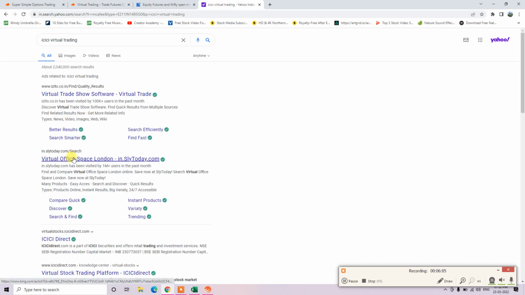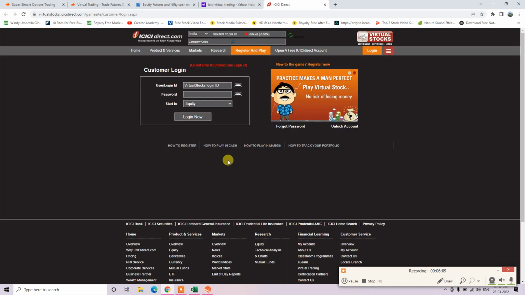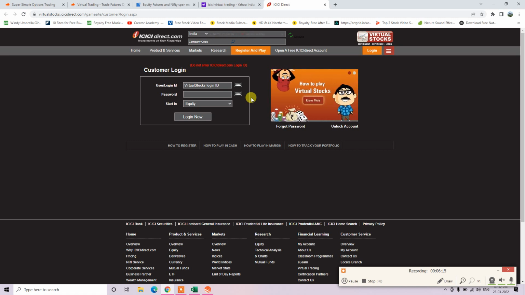In ICICI virtual trading, you can open virtual trading with ICICI Direct. You can create your own account and you can play around with equity and futures and options as well. It works on a real-time basis, and you can place orders, close orders, and see how much profit you make. The money you are picking up here is not real money. It is only virtual money, so you can play, you can lose, you can make a profit, and you can practice on this platform. So this is the best platform which I feel.